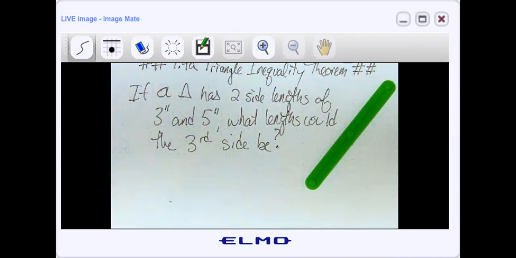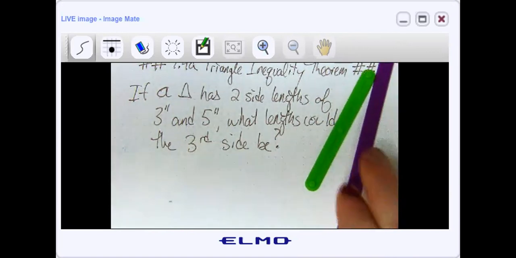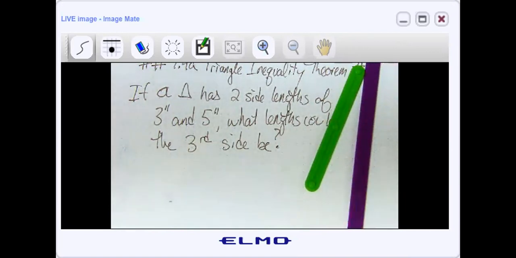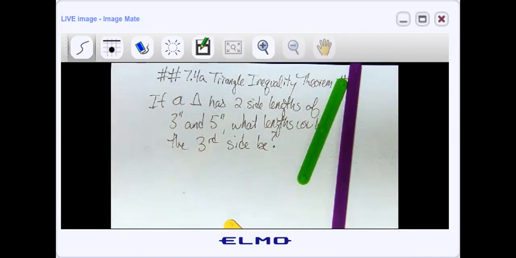Red is shorter. Yes, perfect. Purple is 5 inches. Okay, so if I have these 2 side lengths, what are the lengths you suppose the third side could be?